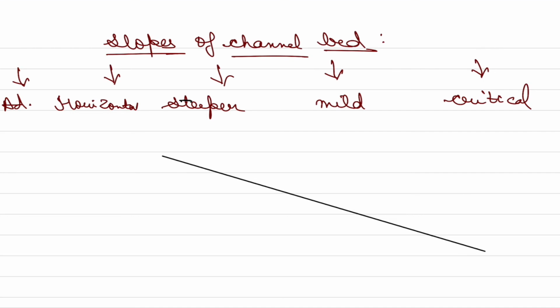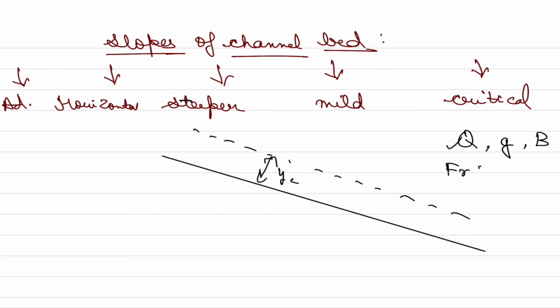So first, we can always calculate the critical depth YC associated with some discharge Q. If we know discharge Q, G and width, we know that our Froude number is equal to Q divided by A, multiplied by root of GY.